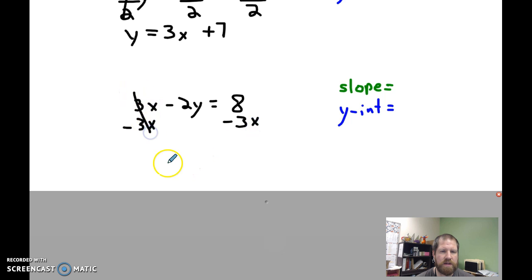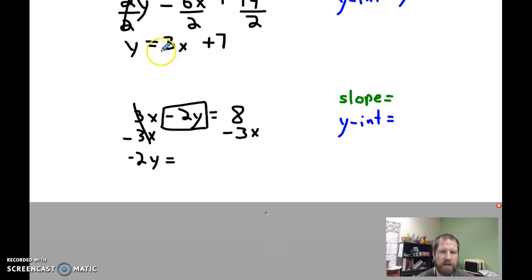Okay, those will cancel. Remember, this term goes with the sign to its left. So I have a negative 2y equals, and just like all these other ones, I'm going to write it with my x value first. So in this case, I get a negative 3x plus 8.